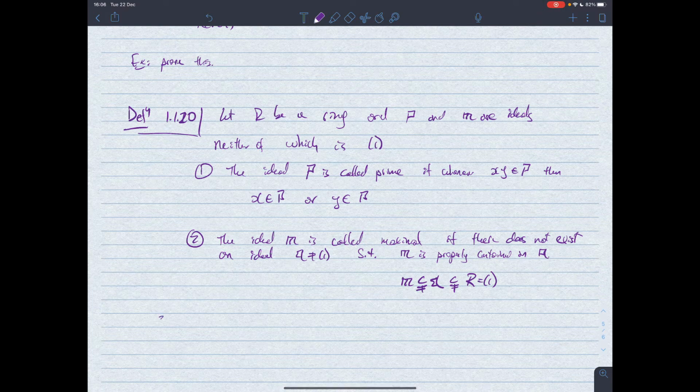So here are some basic examples. If you let p be a prime number, then the ideal generated by p in Z is both prime and maximal.